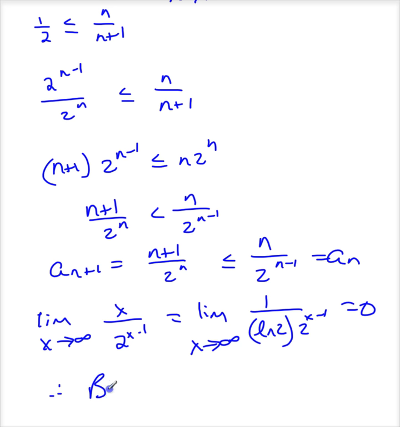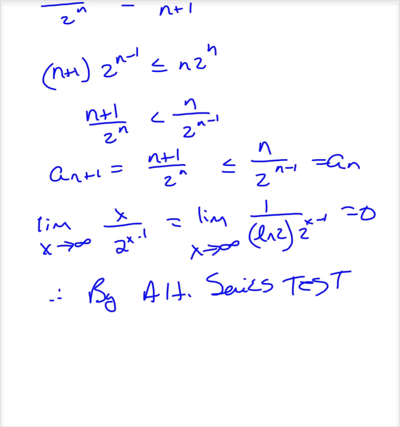Therefore, by the alternating series test, my series, the sum as n goes from 1 to infinity of n divided by (-2)^(n-1), converges.